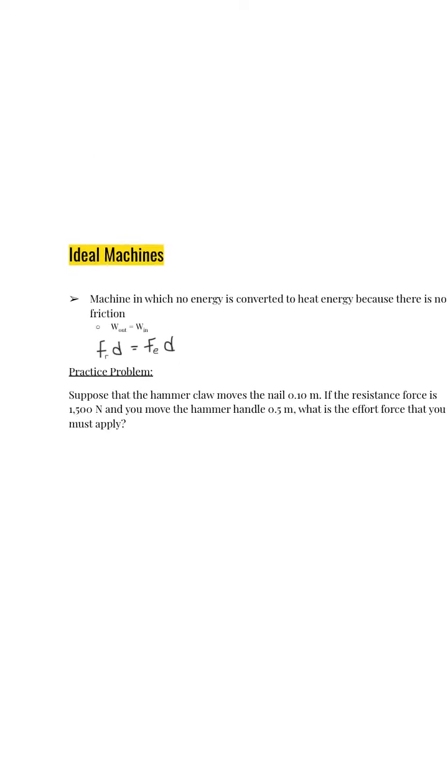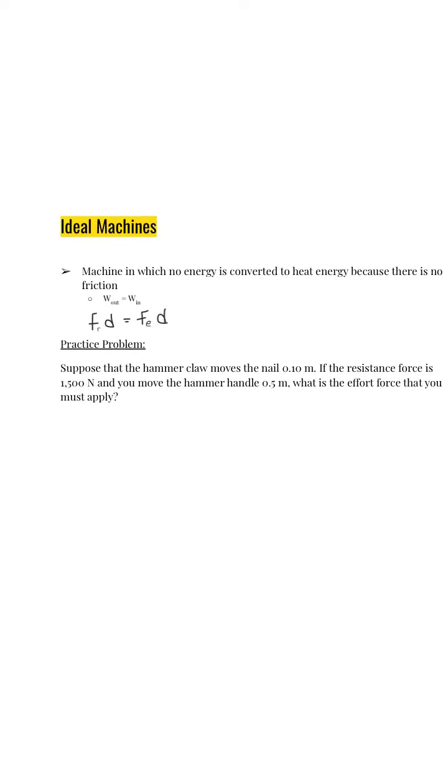So if we plug things into this equation, suppose that the hammer claw moves the nail 0.1 meters. If the resistance force is 1,500 newtons, and you move the hammer handle 0.5 meters, what is the effort force? We're looking for the FE. That means that we must know the FR. The resistance force, they tell us, is 1,500 newtons.